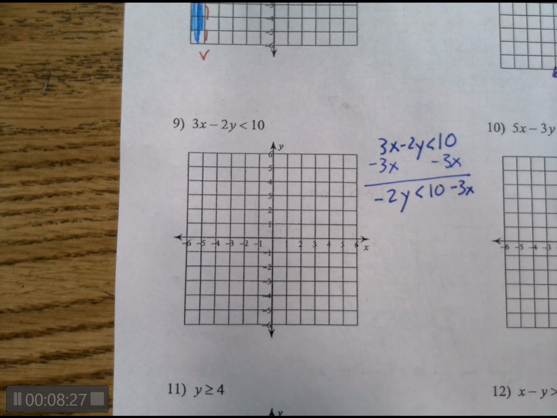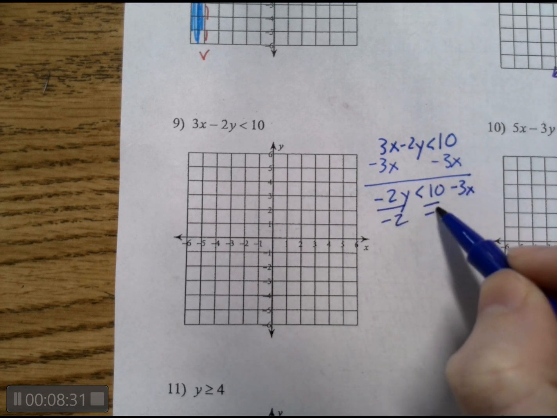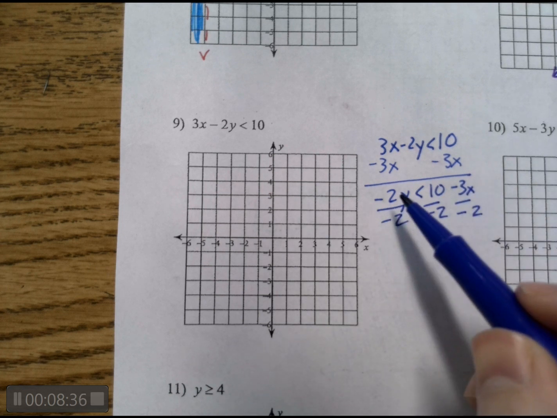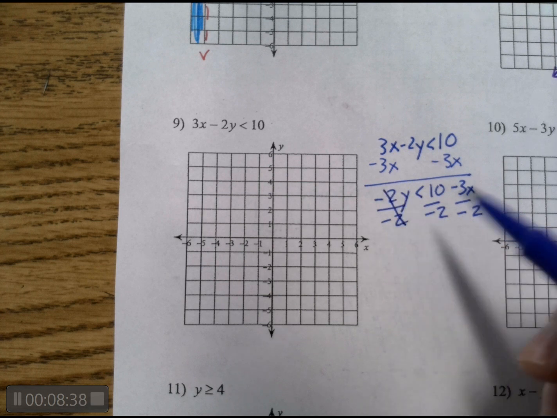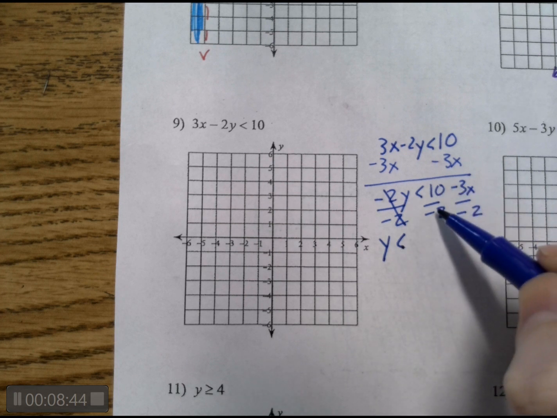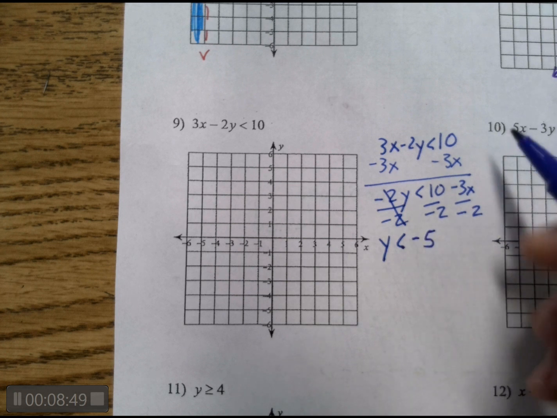10 minus 3x. Then divide everything by -2. -2 divided by -2. So we're left with y is less than 10 divided by -2 gives me -5.